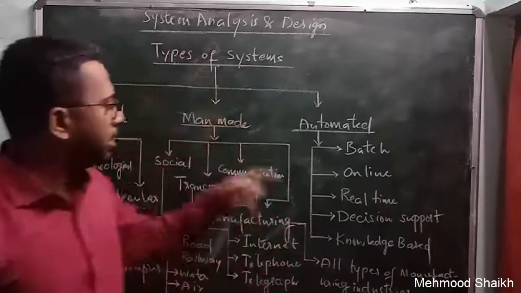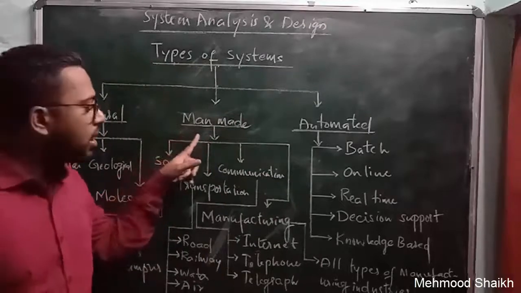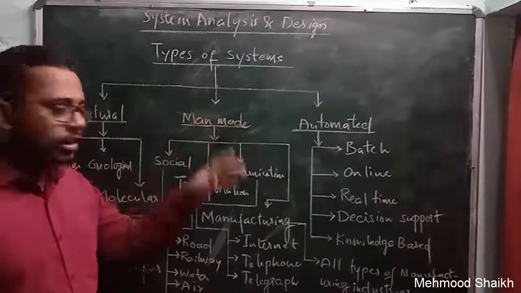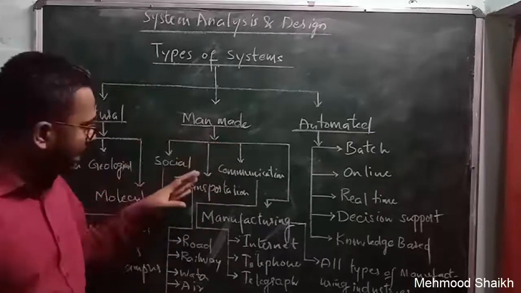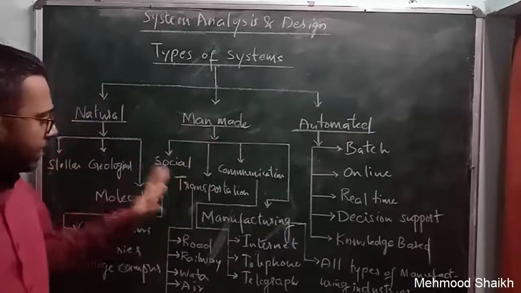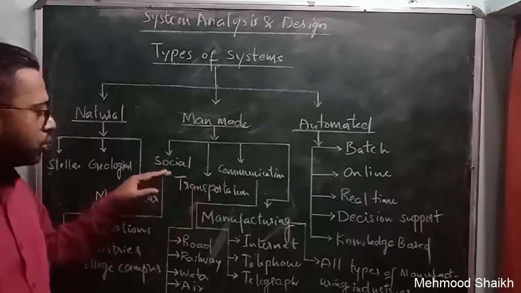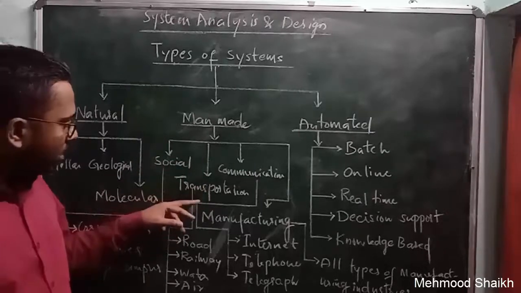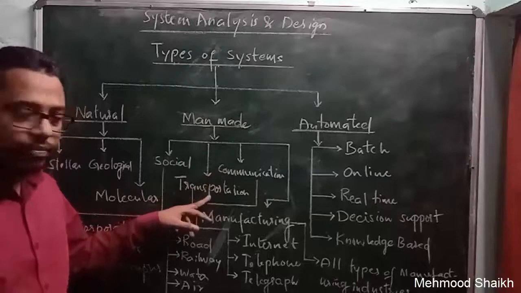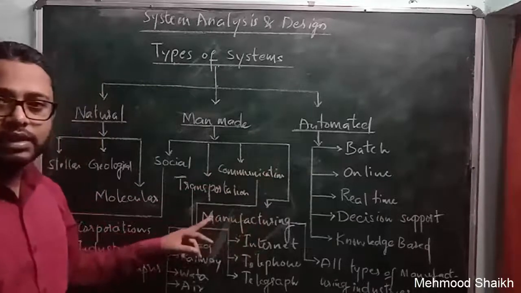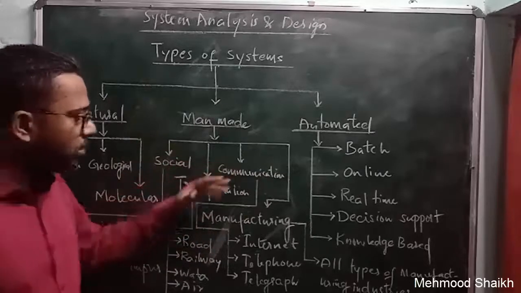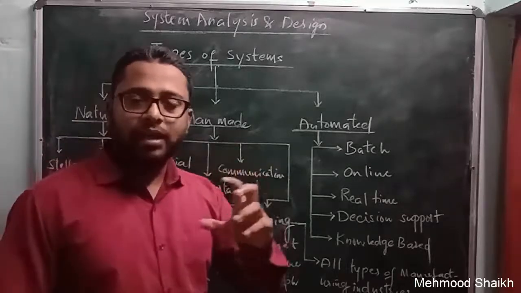The same way you can consider this definition for the man-made system. Under man-made system we have subcategories: social system, transportation system, communication system, and finally manufacturing system. All these four come under man-made systems.